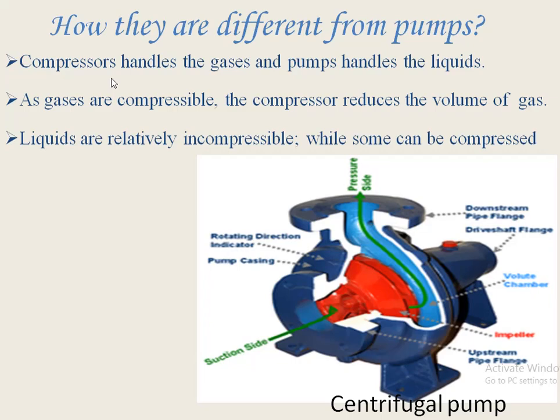As gases are compressible, the compressor reduces the volume of the gas, whereas liquids are not compressible. Therefore, when liquid passes through a pump, its volume does not change, only its pressure increases. Liquids are relatively incompressible. There can be some exceptions, but most liquids are incompressible.